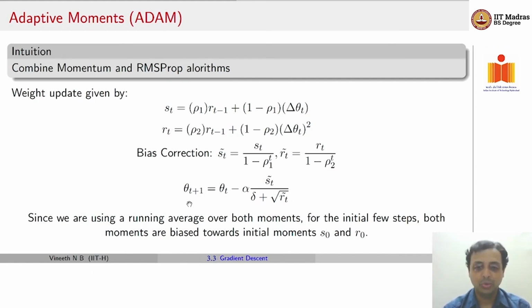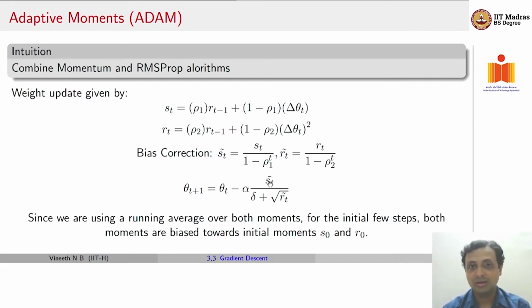Why? You look at the final update equation here. The update says that theta t plus 1 is equal to theta t minus alpha ST by delta plus root RT. I'll explain the tilde part in a moment, but let's first assume that there's no tilde. Let's just assume ST and RT. So what is this doing? Alpha by delta plus root RT is exactly the same as what we saw in RMS prop and Adagrad.